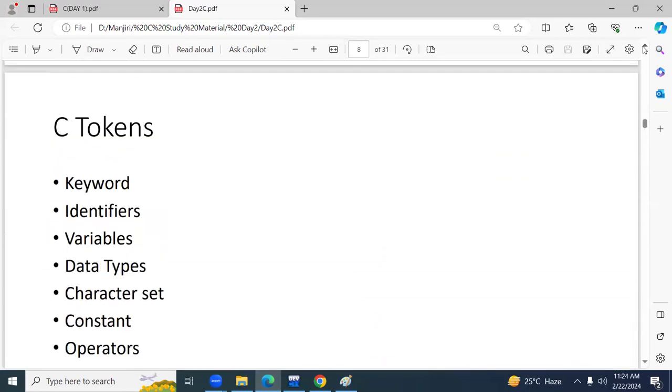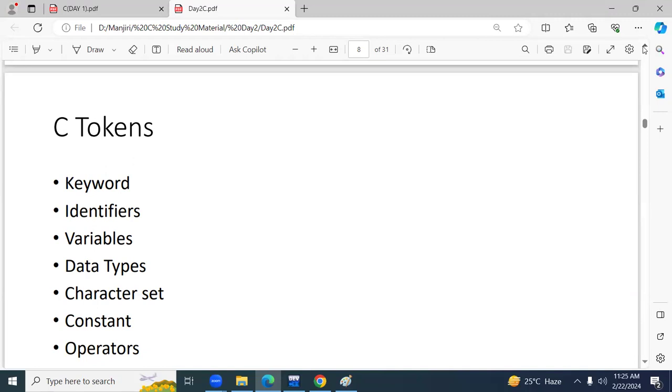C tokens means whatever character set, whatever collection, all of it we use for making programs. So these are nothing but the C tokens. With the help of the C tokens, we are going to create our program. Step by step we are going to see these C tokens.